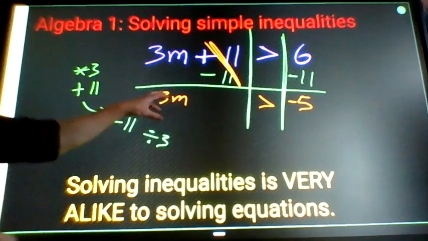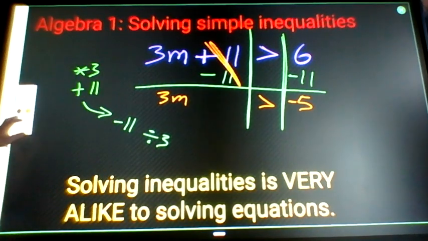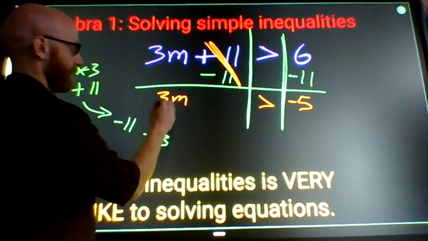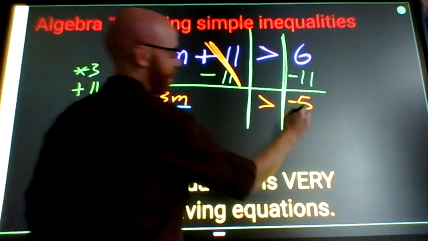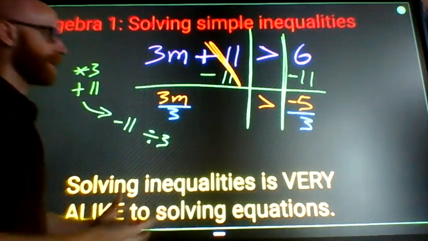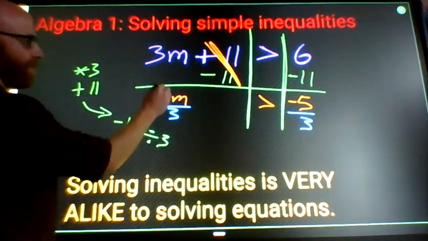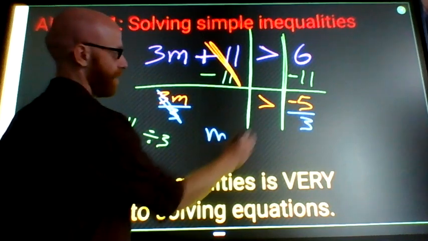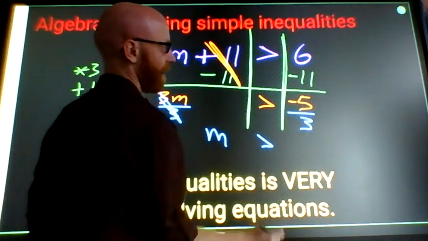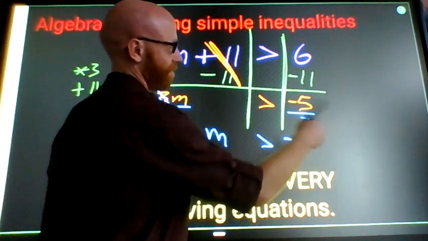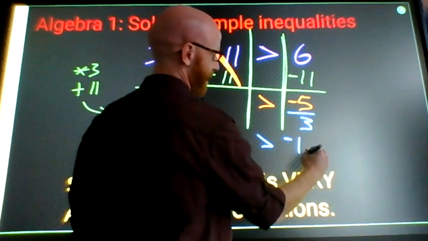Next move, divide by 3. Keep the balance by doing the same thing on both sides. 3 divided by 3 cancels, and keep your symbol: m is greater than negative 1.6.